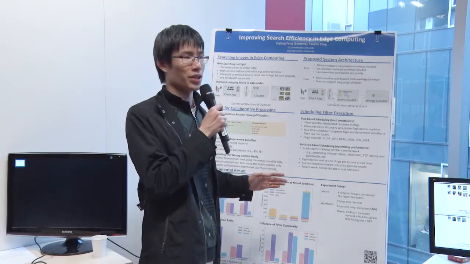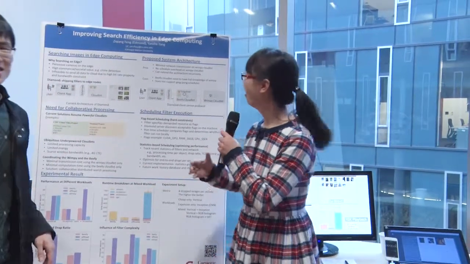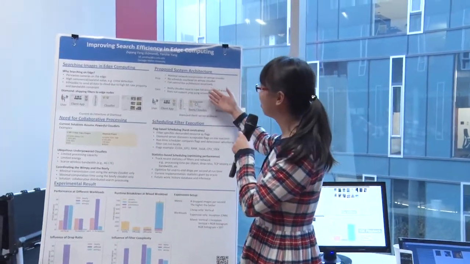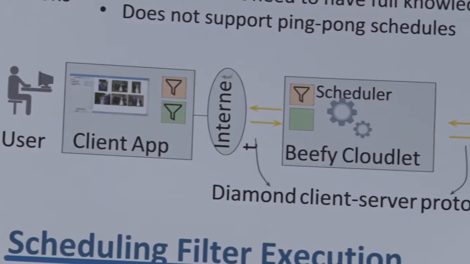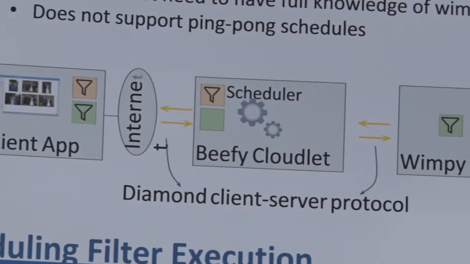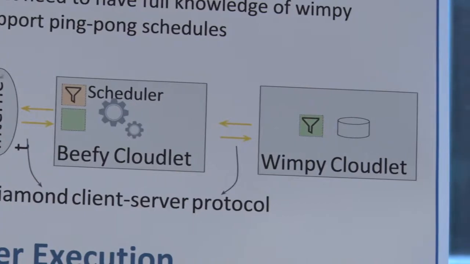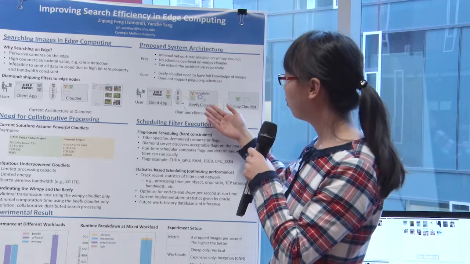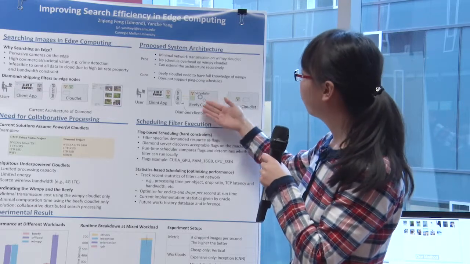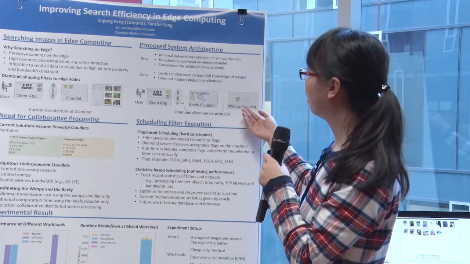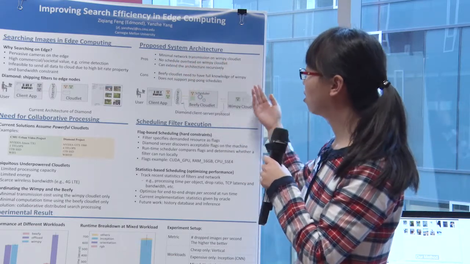So now we would like to introduce the system architecture. This is our proposed system architecture. The user will define some filters in the client application, and these filters will be offloaded to the pervasive cloudlet. In the pervasive cloudlet, the scheduler will determine which filter will run in which place, and if we offload some filters to the wimpy cloudlet, we can gain the benefit of lower network transmission cost.